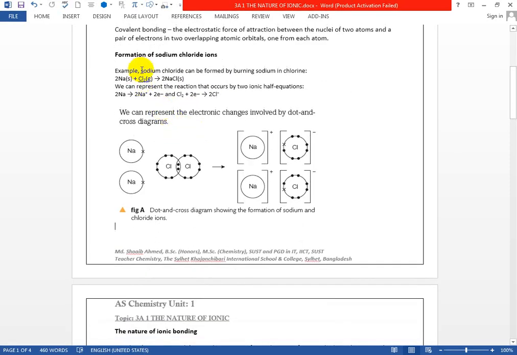Look at this example: sodium chloride can be formed by burning sodium in chlorine. We can represent the reaction by two ionic half equations. Sodium loses one electron. Why does sodium lose one electron?